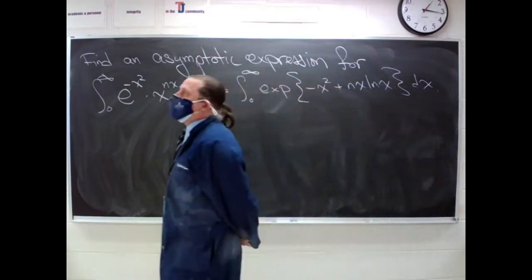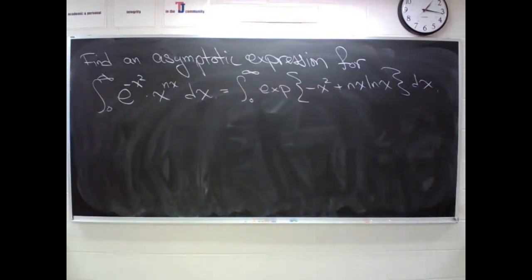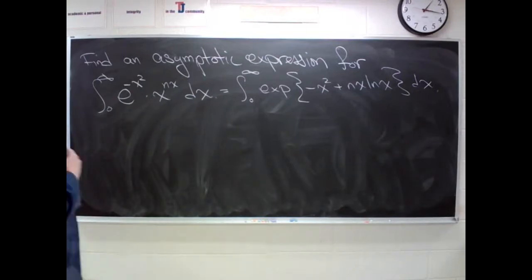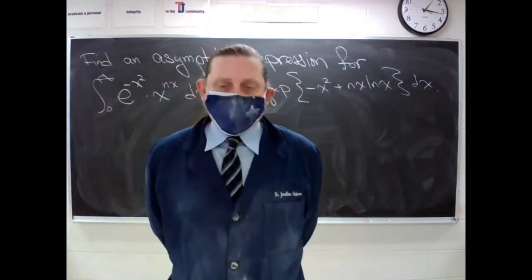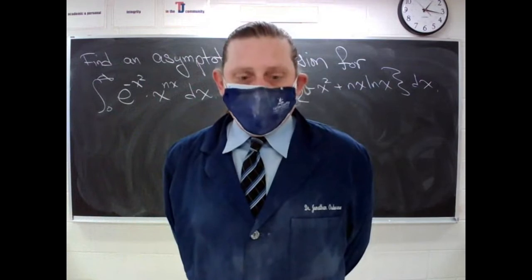All right, x is e to the natural log x. So x to the nx is e to the nx natural log x. Step 2, write out the exponent and its first two derivatives.